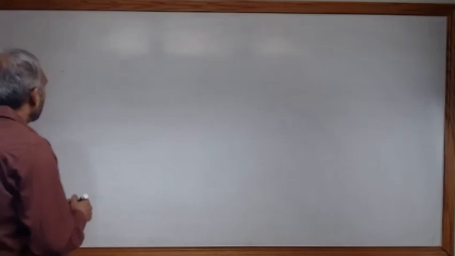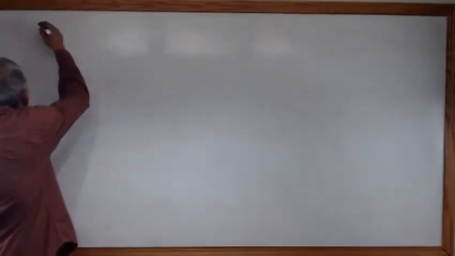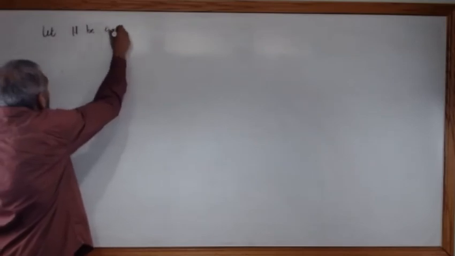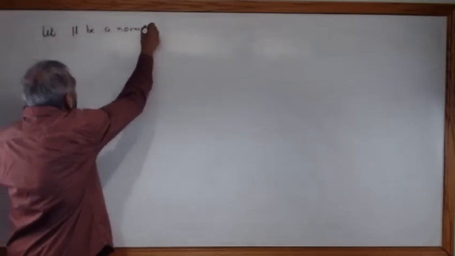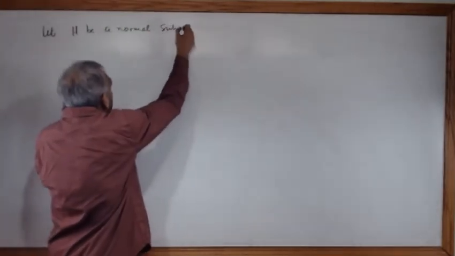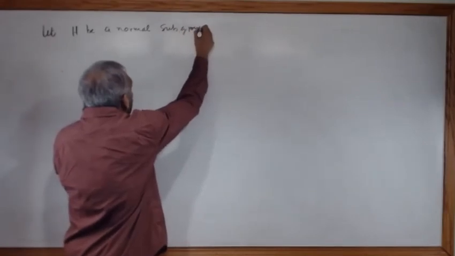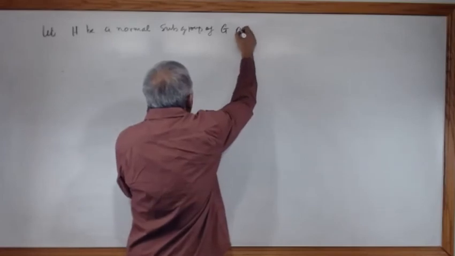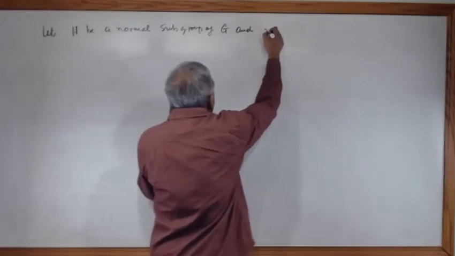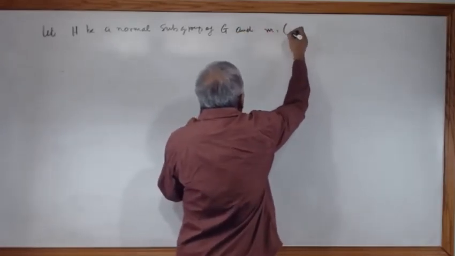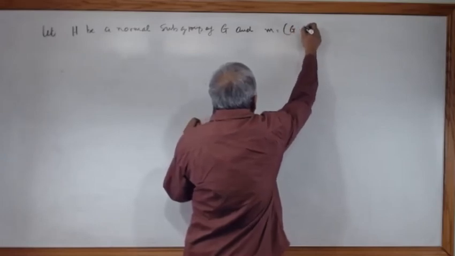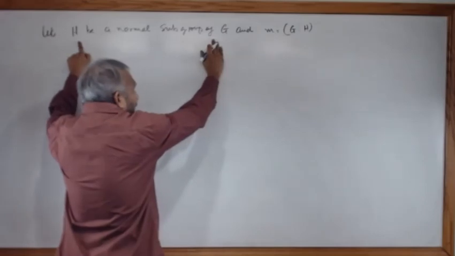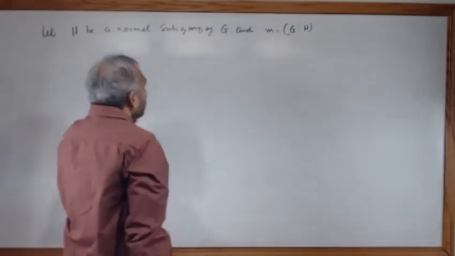Now we will do a problem. Let H be a normal subgroup of G and m is equal to the index of H in G. This means that G is a finite group.